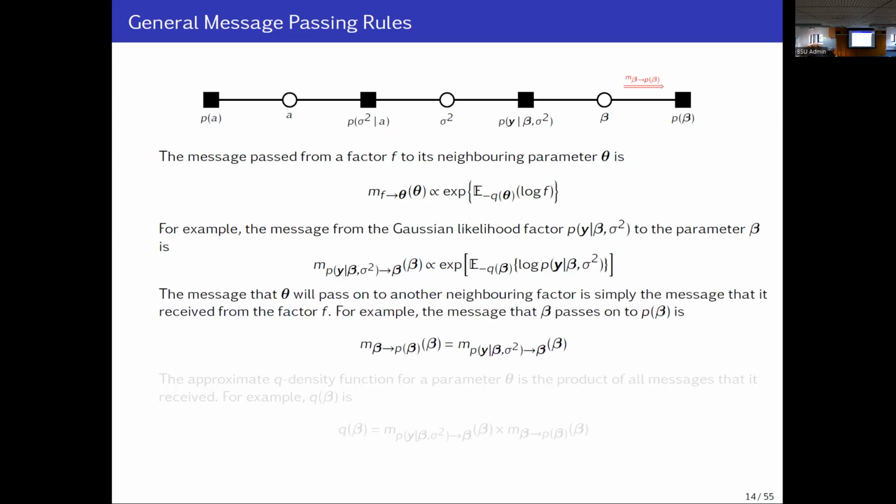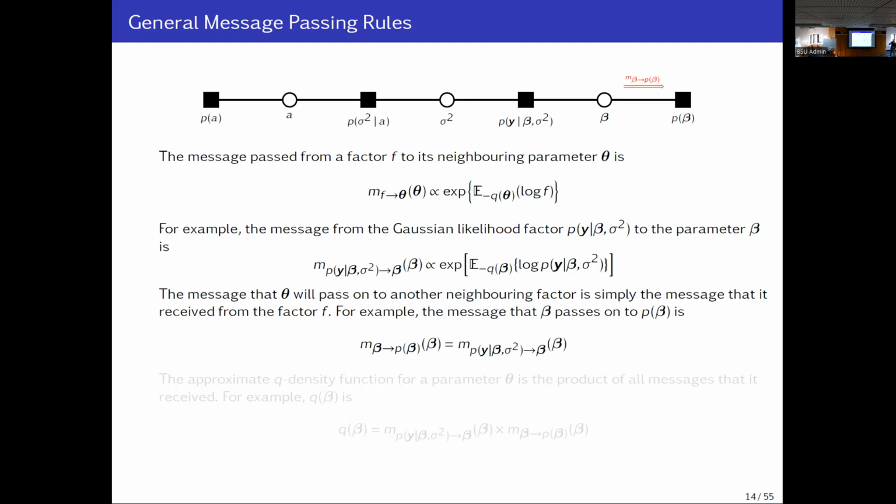We also have messages from parameters to factors, and the fact that you have return messages from parameters to factors allows all the different building blocks, these different fragments, to communicate with one another. Because if they're all just sending messages to parameters, then you would get no communication between the different building blocks. So the message that a parameter passes on to its neighboring factor is simply the message that it received from another neighboring factor.